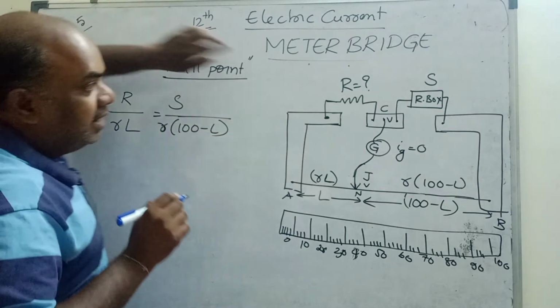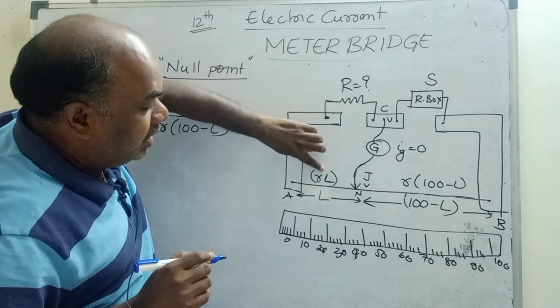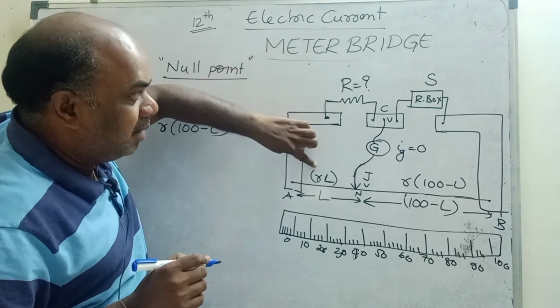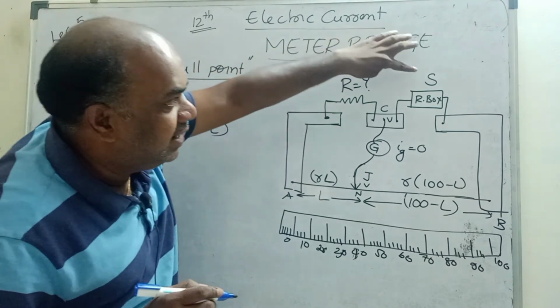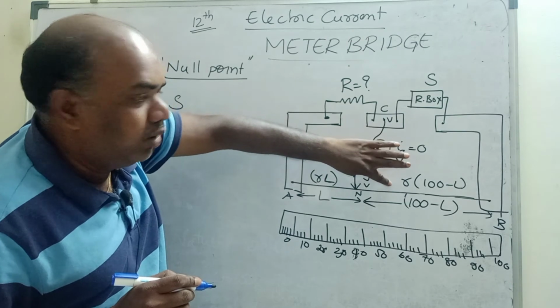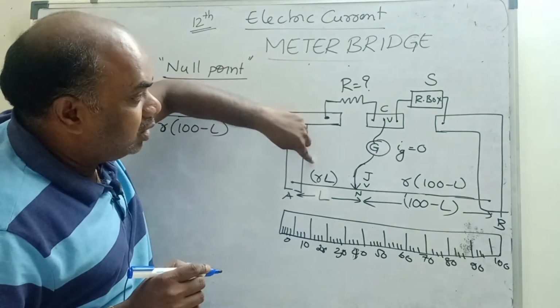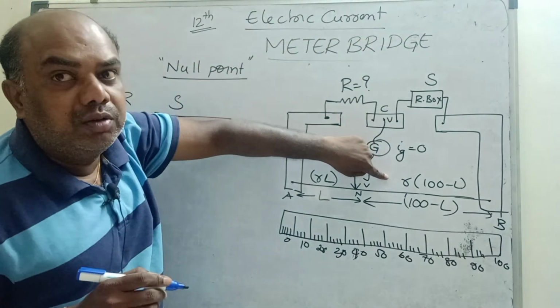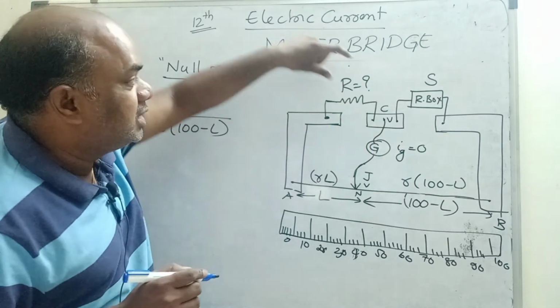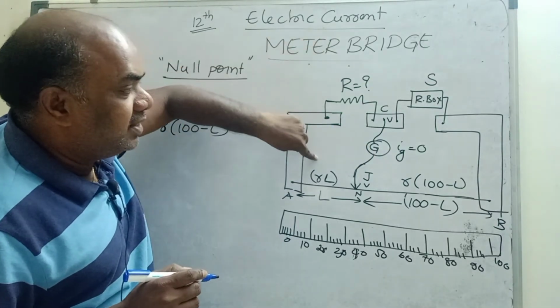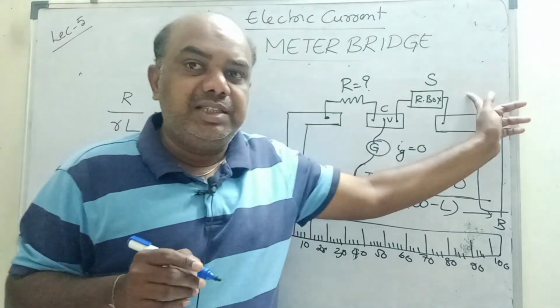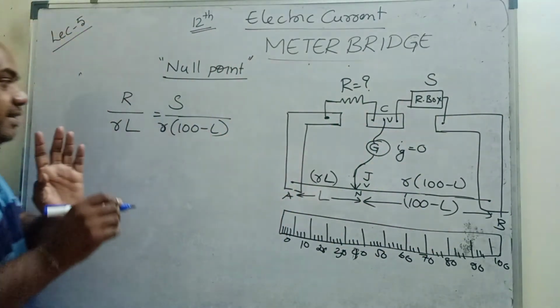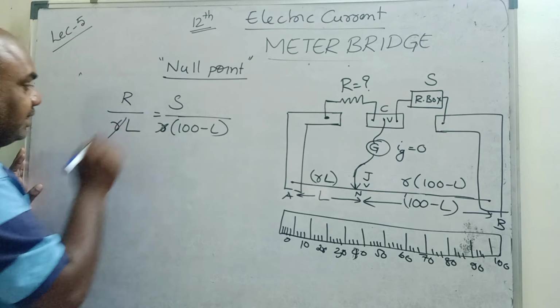Balanced Wheatstone bridge: upper resistance by lower resistance, numerator by denominator, is equal to right side upper by right side lower. R1 by R2 is equal to R3 by R4. This is the balanced Wheatstone bridge principle. Small r cancels.